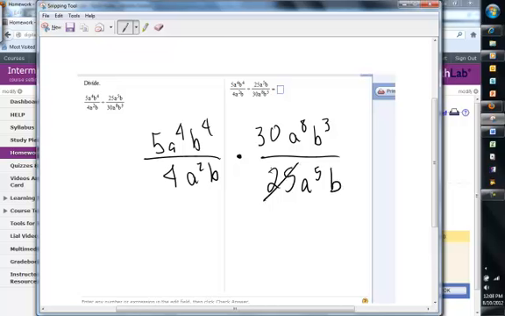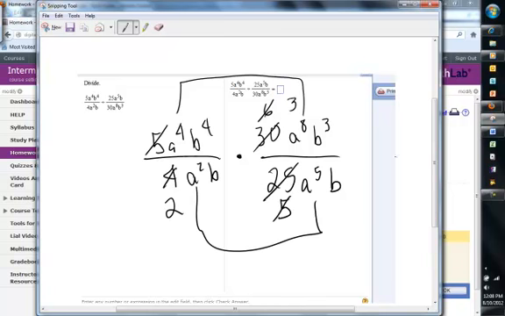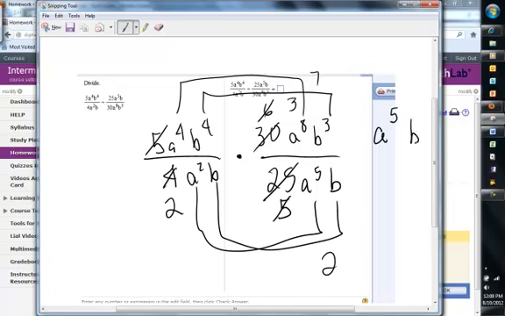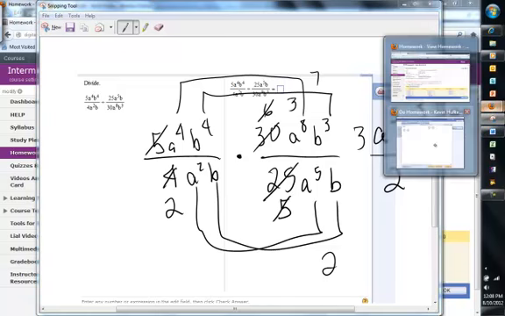Each of 25 and 30 is divisible by 5. This 5 goes against this 5. 6 goes against 4 for a 3 and a 2. We have a to the 12th on top and a to the 7th on the bottom, leaves us with a to the 5th on the top. We have b to the 7th on the top, b to the 2nd on the bottom, leaves us with b to the 5th on the top. Over 2. So it's 3a to the 5th, b to the 5th over 2.